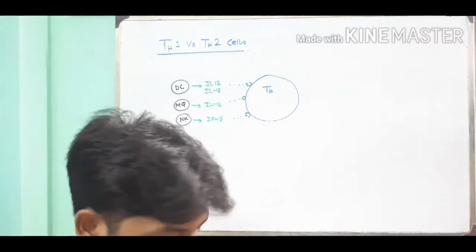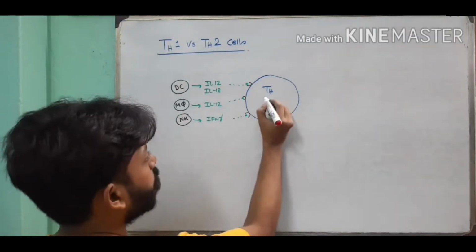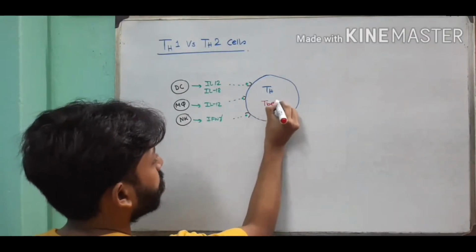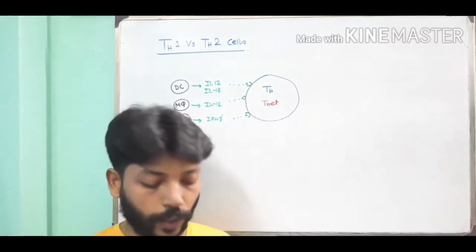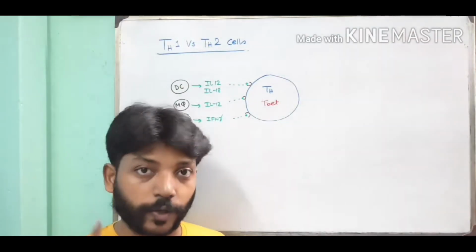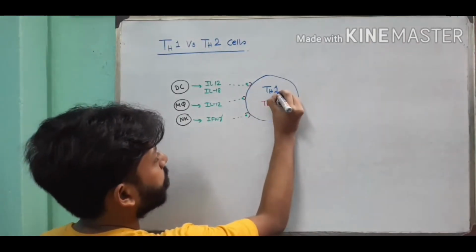In response, the T helper cell produces a molecule called T-bet. This is the master regulator for the TH1 cells. When this T-bet transcription factor is produced, the cell becomes a TH1 cell.